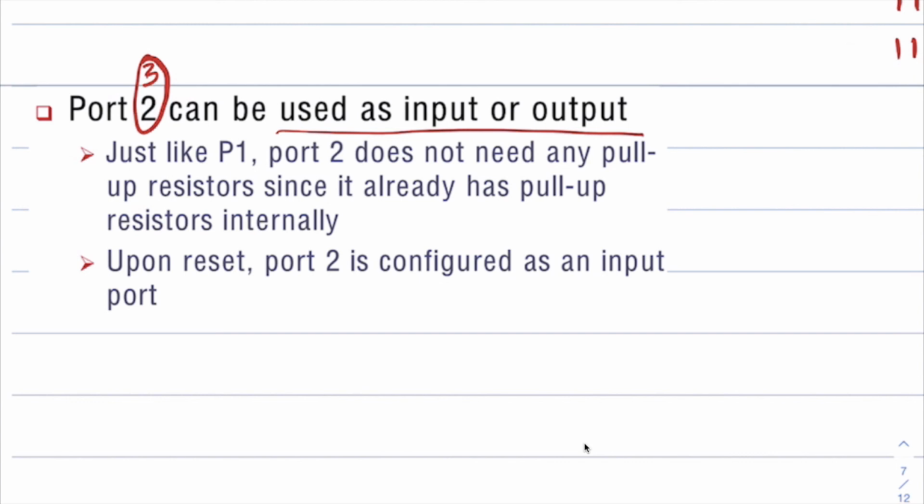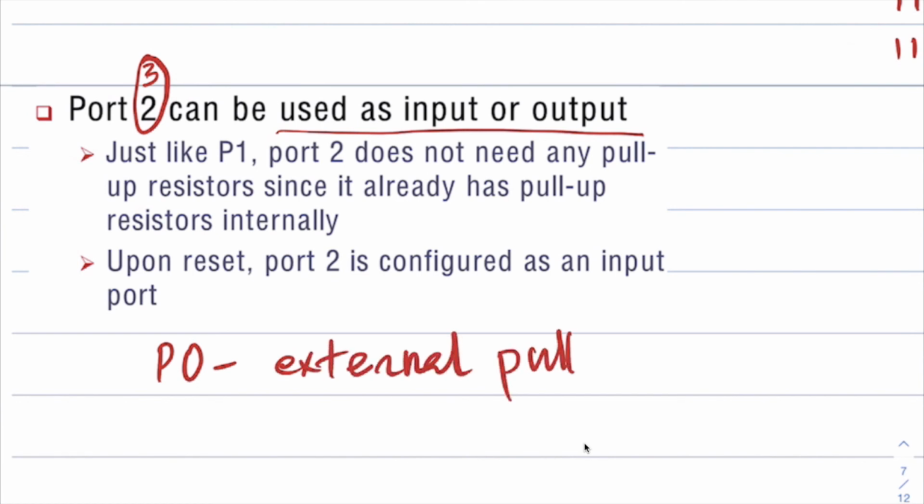The pull-up resistor is only required for port 0. That is to be clearly understood. For all the remaining ports, there is no need for an external pull-up resistor. By default, these ports also act as input ports.